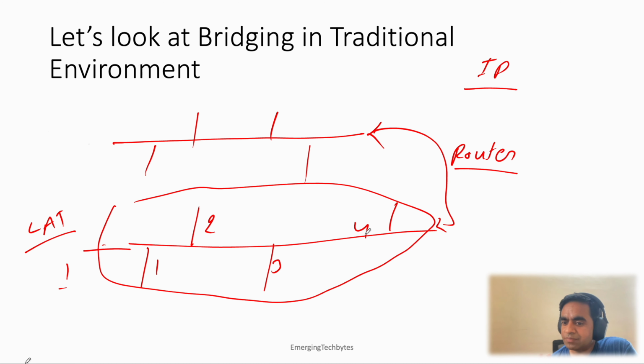But do I still need EVPN? Sorry, do I still need a layer 2 network? I'm sorry, I'm taking EVPN because that's our topic, but do I still need a layer 2 network? In many cases, you don't.